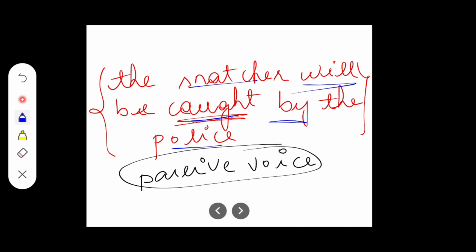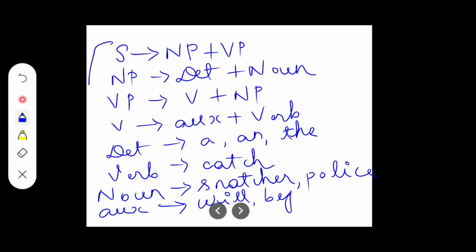So yes, we have constructed the rules for the given passive voice sentence. Please make a note of these rules. By keeping these rules, we'll be constructing the parse structure, the transformational structure.